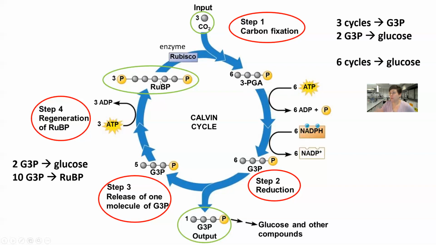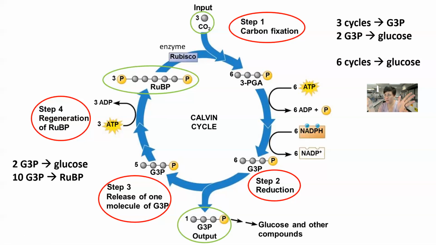So 3 turns of this cycle gives you a 3-carbon organic compound, that glucose 3-phosphate. You would have to do that twice, which means a total of 6 cycles to generate 2 glucose 3-phosphates, 2 3-carbon compounds, and stick those together to generate a 6-carbon compound.